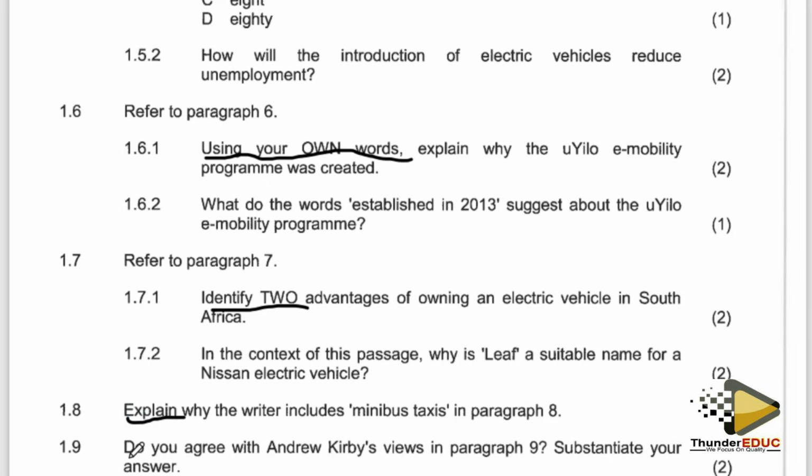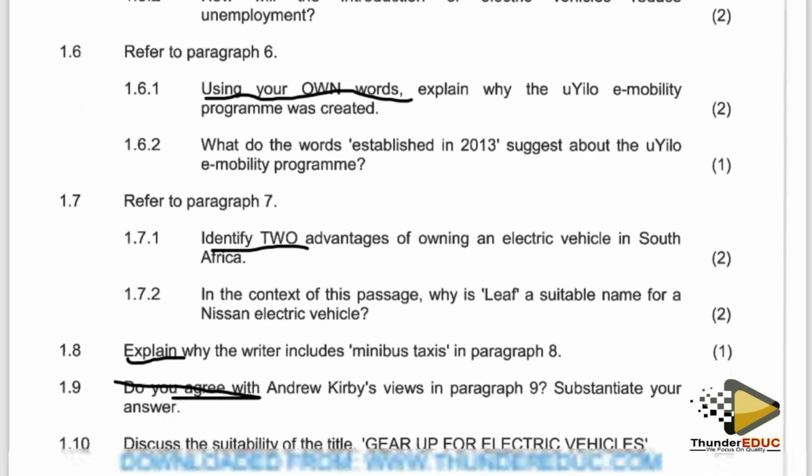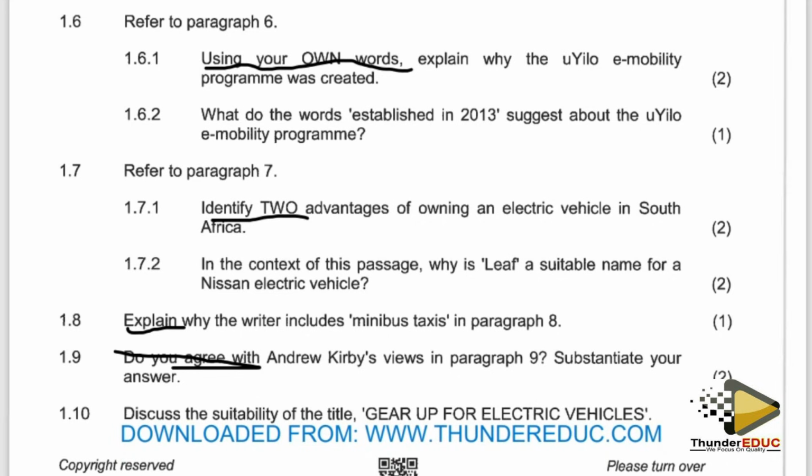Do you agree with Andrew Keby's views? Yes, I agree. No, I do not agree. But you're supposed to substantiate your answer. Discuss the suitability of the title Gear Up for electric vehicles. I'm going to touch on this one. When they say discuss the suitability of the title, are you saying is it appropriate or is it inappropriate?